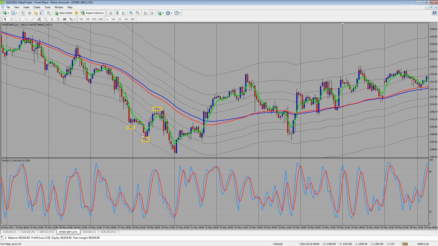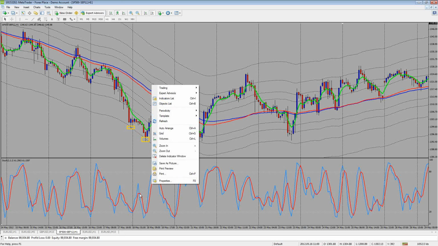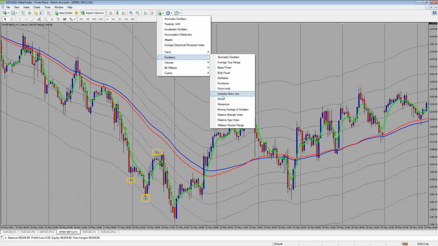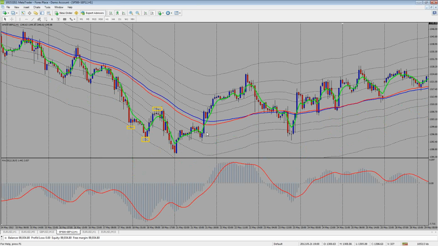I thought that maybe we could find a divergence here, and along with the support from this 233 level, maybe the divergence would help us, but no, the Fibonacci is not giving us any divergence. Let's see if the MACD is giving us, no, the MACD also, there's no divergence here.